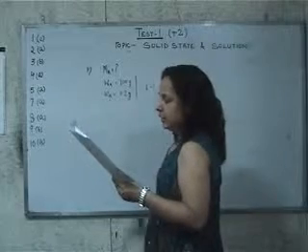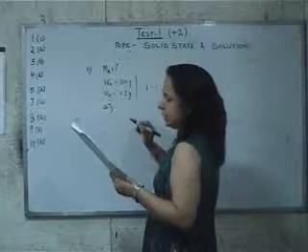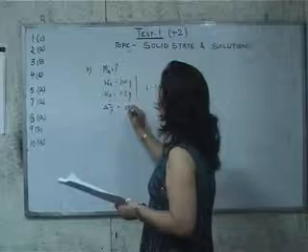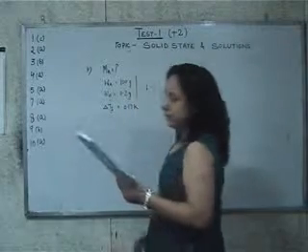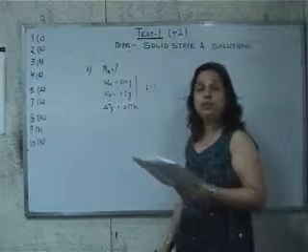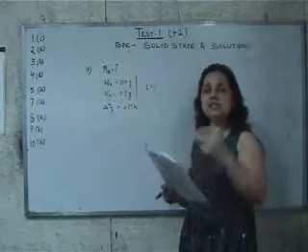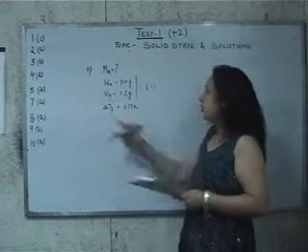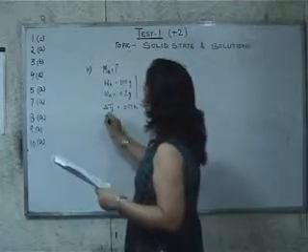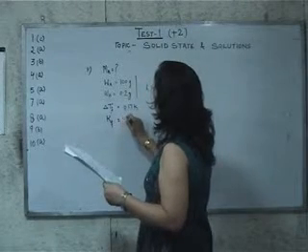Now delta TF is given as 0.17 Kelvin, below the freezing point of benzene. The cryoscopic constant Kf is given as 5.16. This is also a given value.